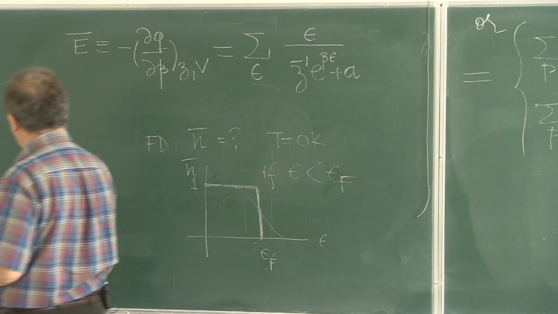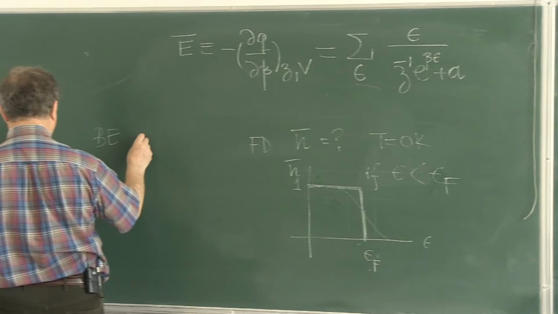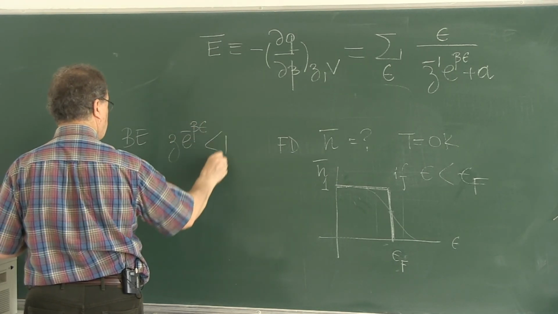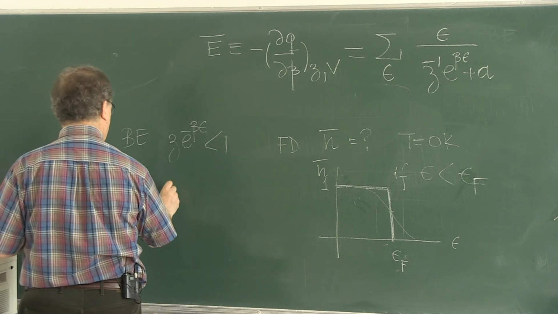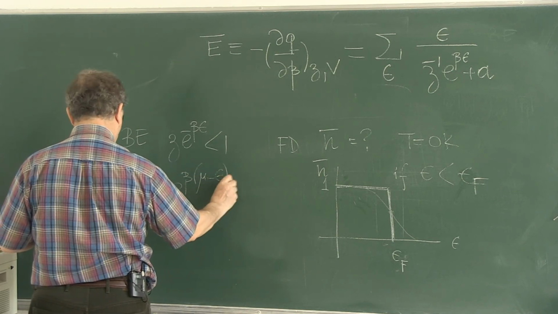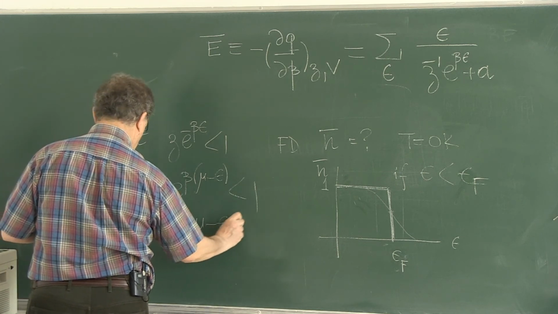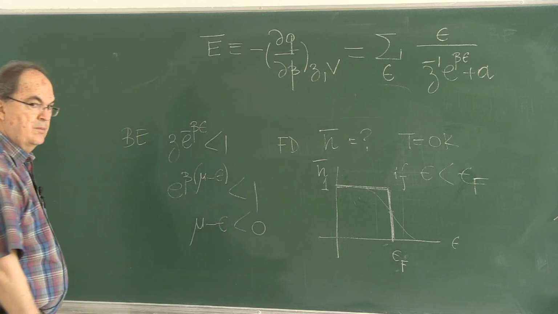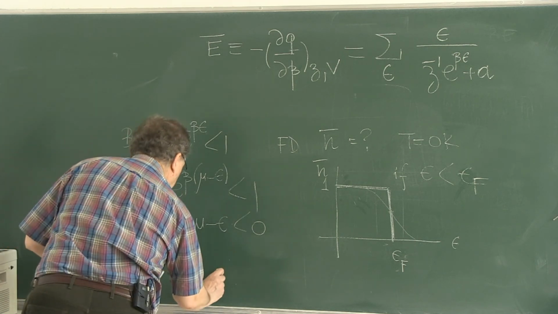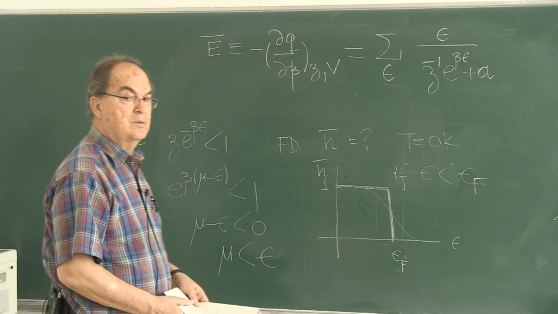For the Bose-Einstein case, the condition is z e to the minus beta e must be smaller than 1, or e to the beta times (mu minus e) must be smaller than 1, or mu minus e must be smaller than 0. That means mu must be smaller than all energy values.